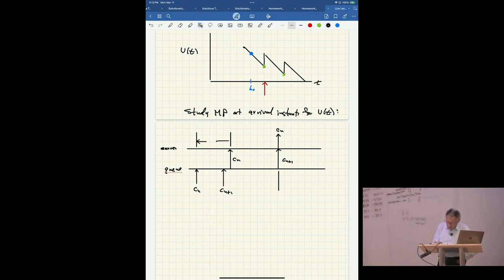Can someone tell me, do we have a symbol for that period? What is that interval? Idle time? No, it's just as Cn is there. Cn couldn't even go into service. Somebody else is in service. Time in Q. We have a symbol for how long that is. Wn, exactly. That's the waiting time in Q, right?